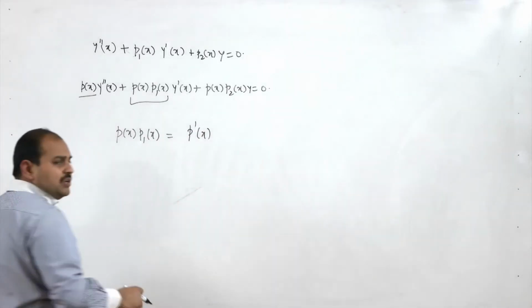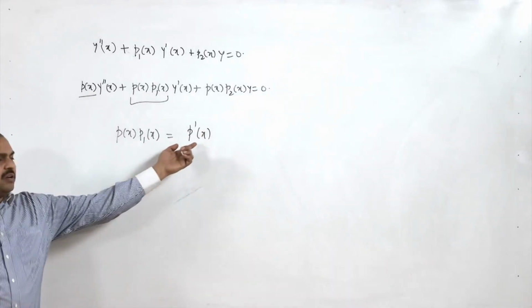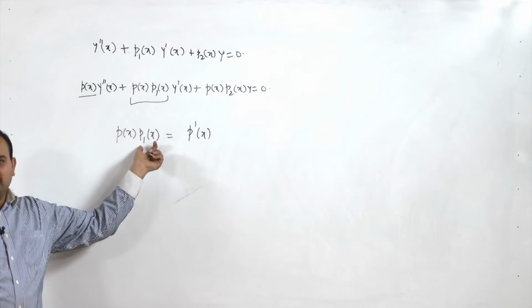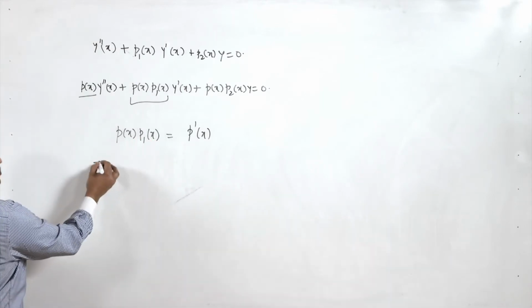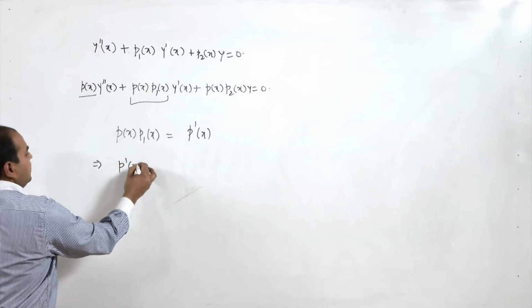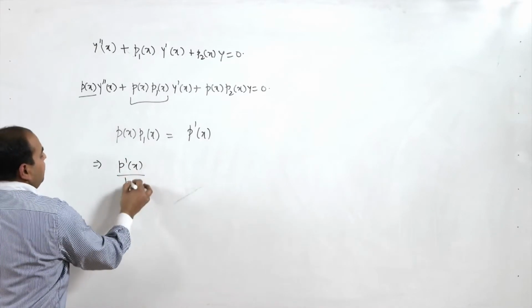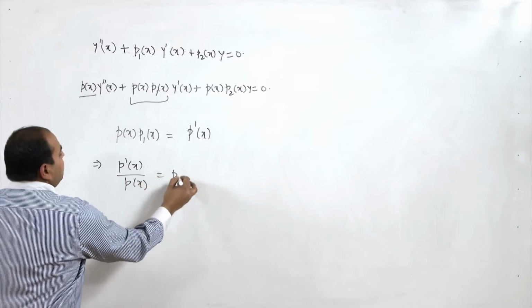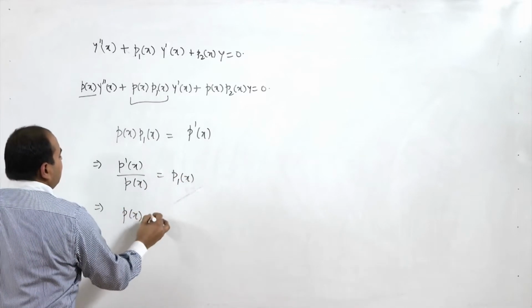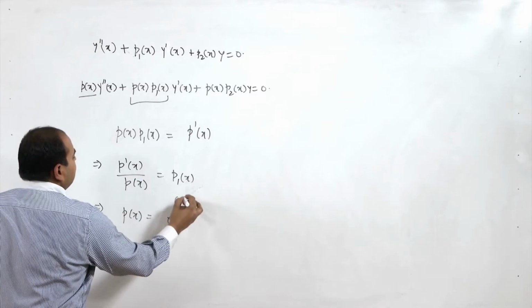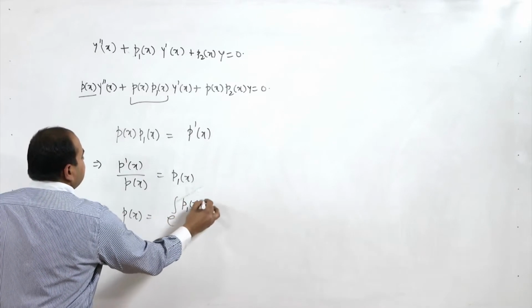This is a simple differential equation in terms of p(x), where p(x) is unknown and p1(x) is already given to you because the equation is given. So you can solve it as p'(x) divided by p(x) is equal to p1(x). So p(x) is equal to e to the power integral of p1(x) dx.